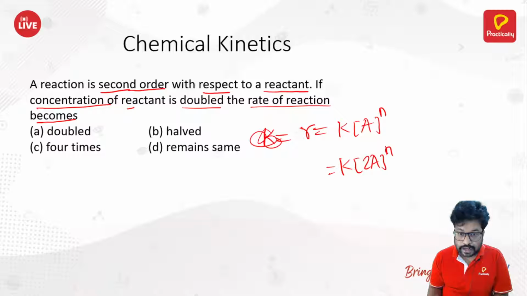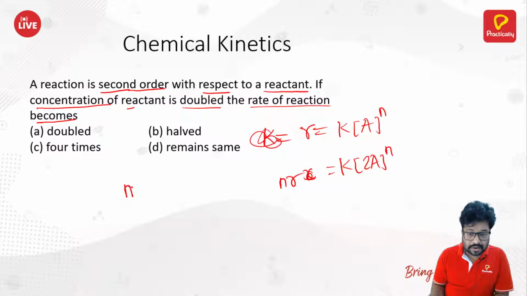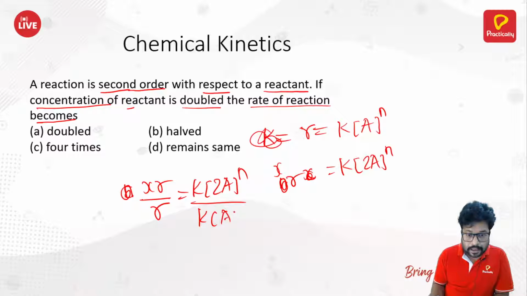If you want this N to be 2, what do you want? We don't know what it is. So let's suppose the new rate is some value x times R. So xR divided by R is equal to K 2A raised to N divided by K A raised to N. So K gets cancelled, A gets cancelled, R gets cancelled.